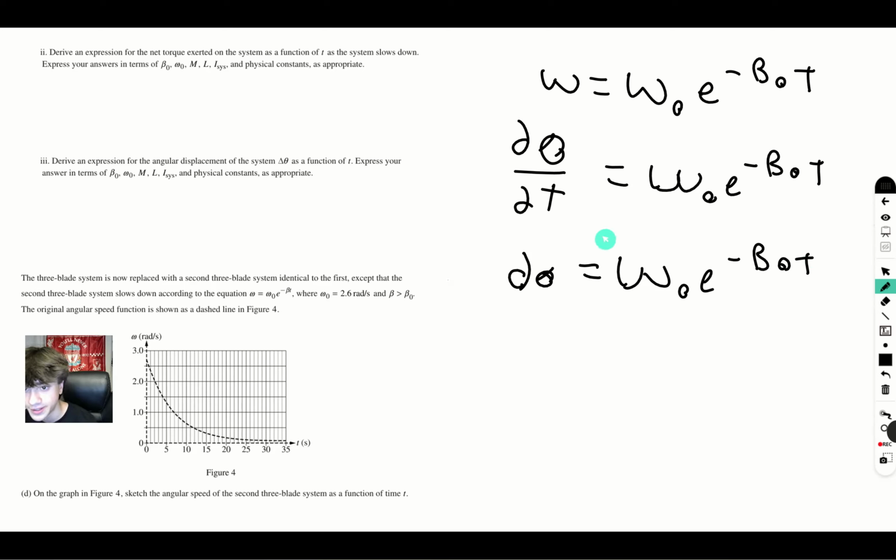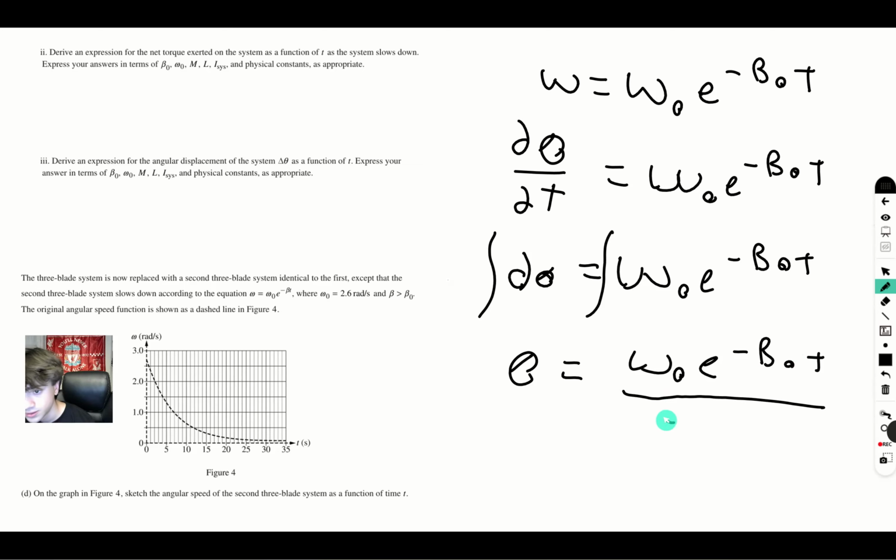And from here we can integrate. On the left side we just get theta, and on the right side we get the integral. So there you go, there would be your answer here.